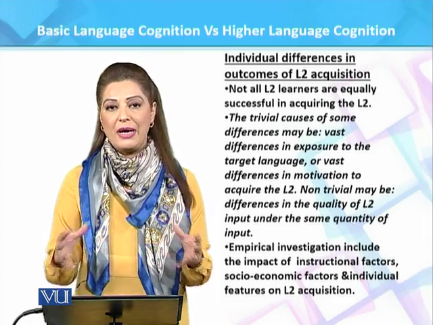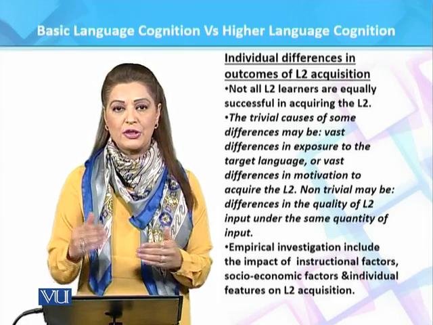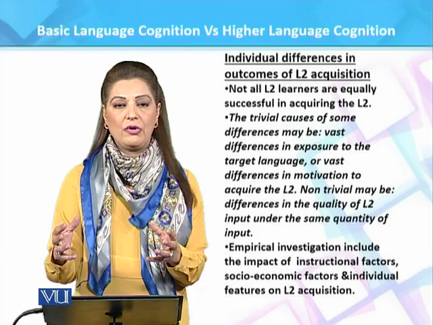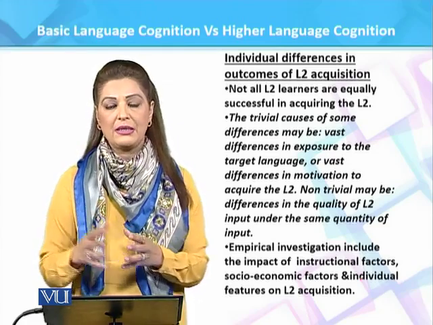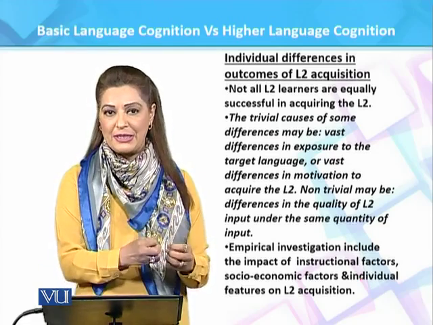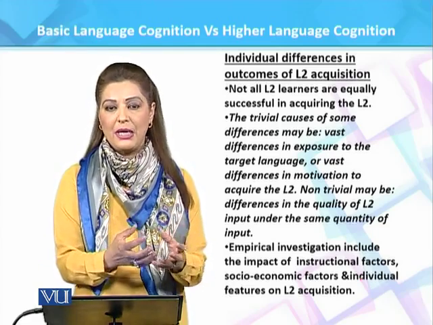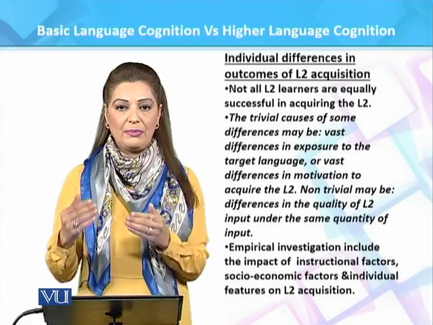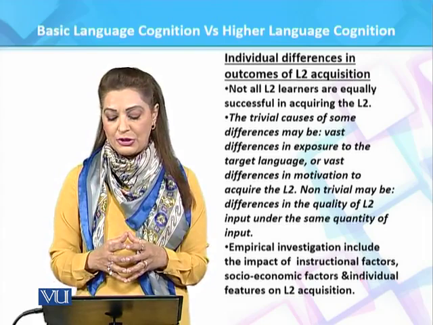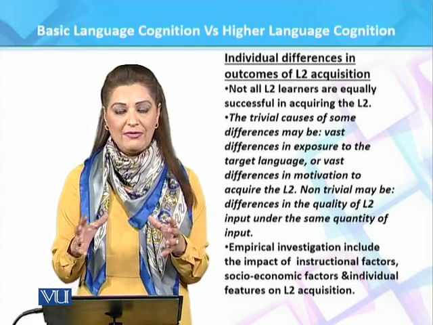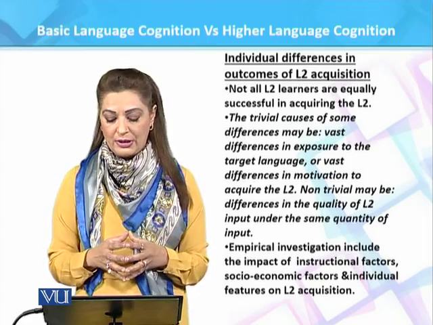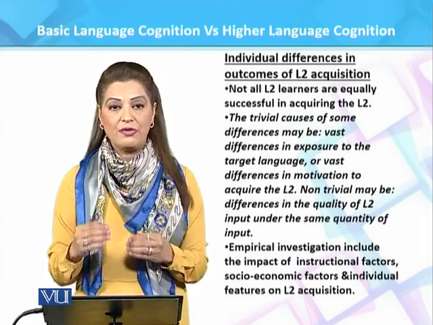When we say vast differences in terms of exposure, some people can have a very extensive, very substantial exposure to the target language in acquiring the second language. Some can have very limited exposure, just within the classroom. Others can have exposure by living in the target language situation. So the differences vary according to the quantity of the exposure.